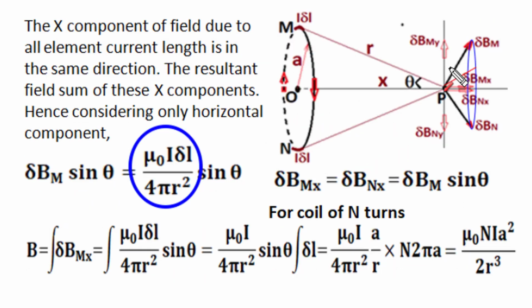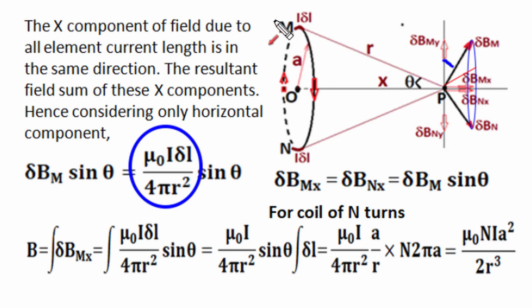axial components. The elemental magnetic flux density contribution of the m positioned elemental length is this, and of the n positioned current length is this. Due to symmetry, both have the same magnitude, mu 0 I delta L upon 4 pi r square, and both have the same angle from the yz plane, equal to this theta.